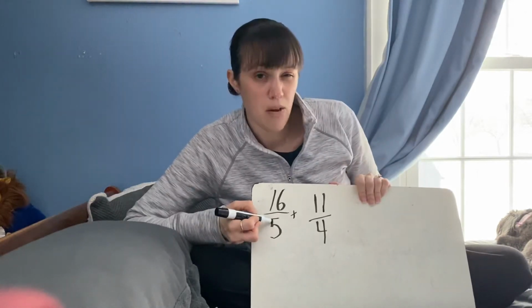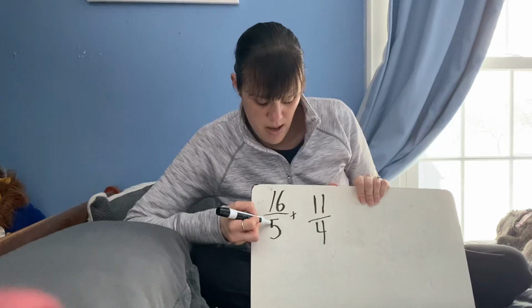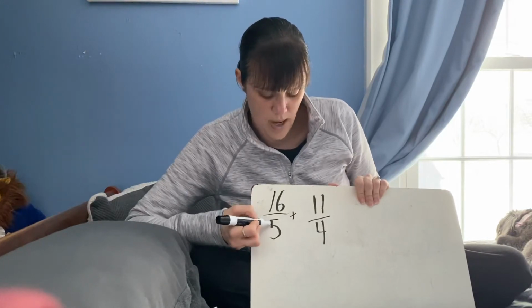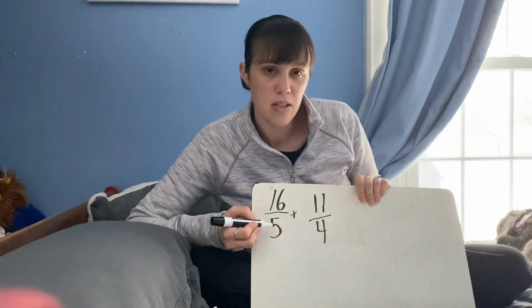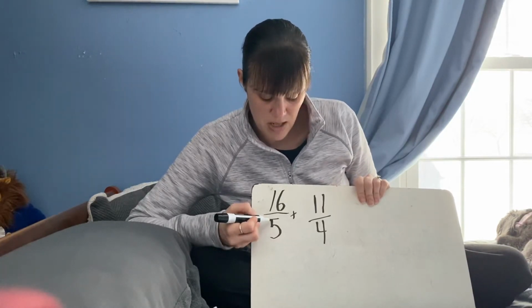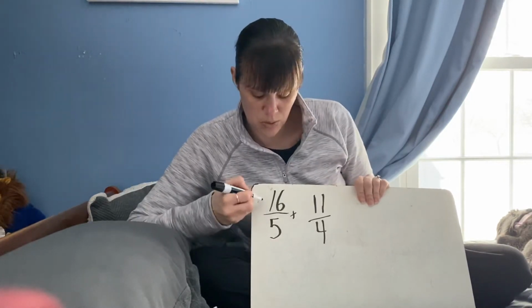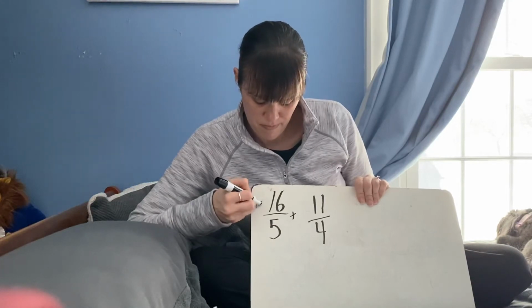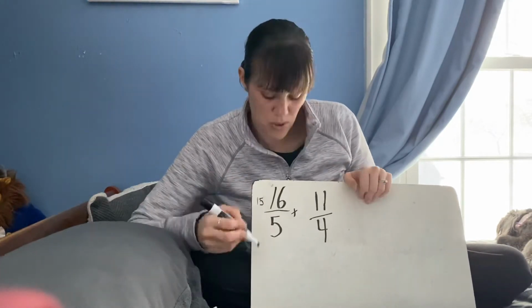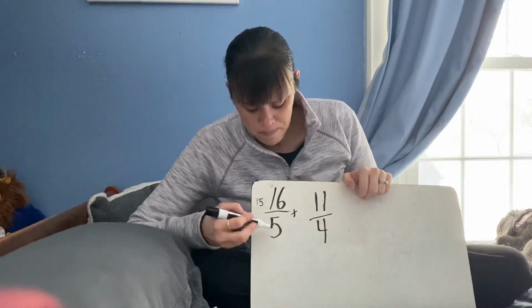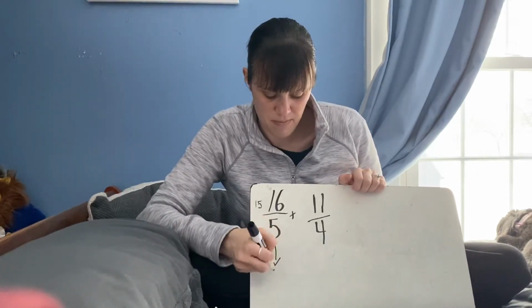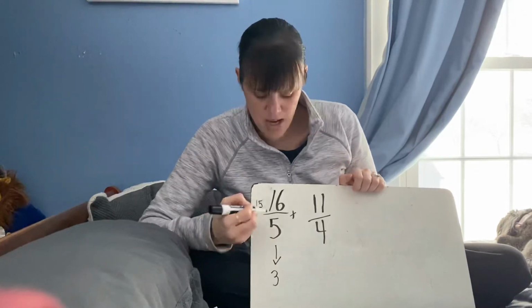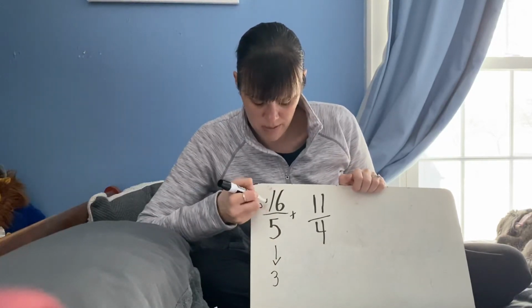I want you to skip count by whatever your denominator is, okay? So 5, 10, 15. 15 is really close to 16, right? This is kind of like more of a check. I wouldn't actually do your work this way. So how many times does 5 go into 15? 3, right? And you only had 1 left over.